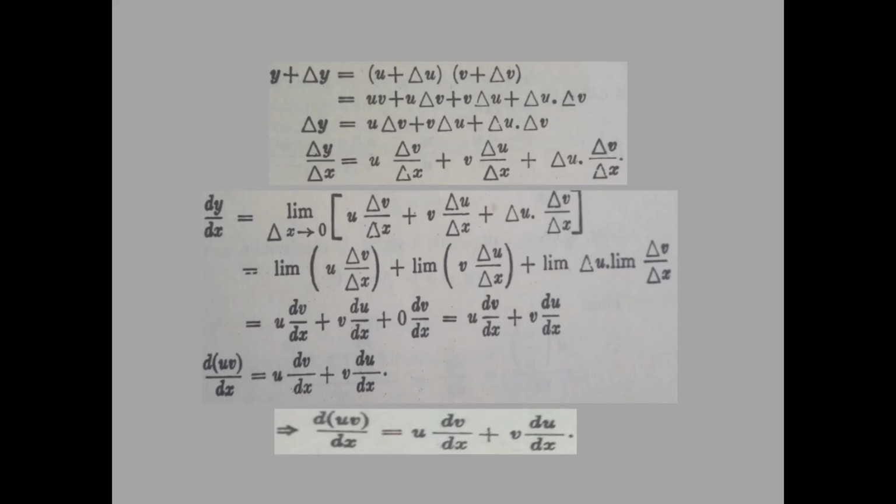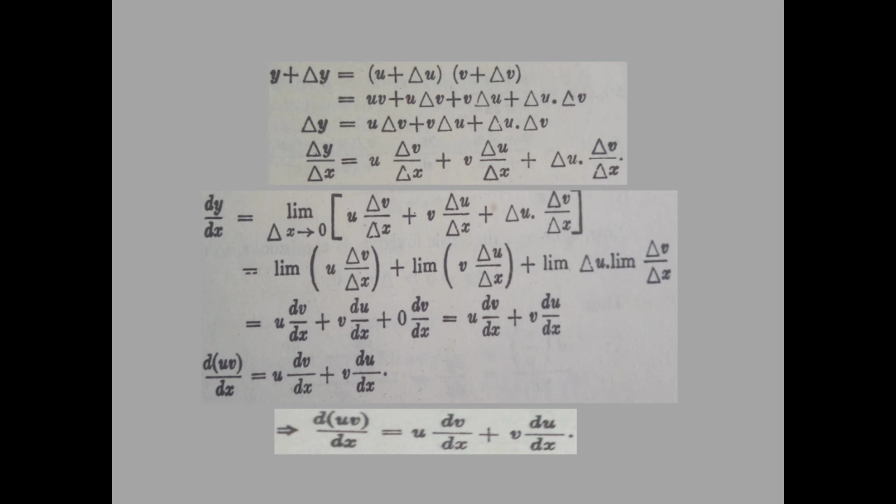Now we apply the same argument for the product of two functions. Let us take y is equal to u into v. Then a small change in y, that is y plus delta y, can be written as u plus delta u into v plus delta v.